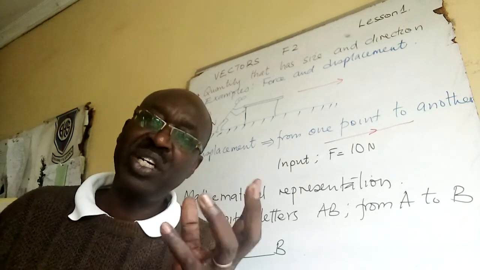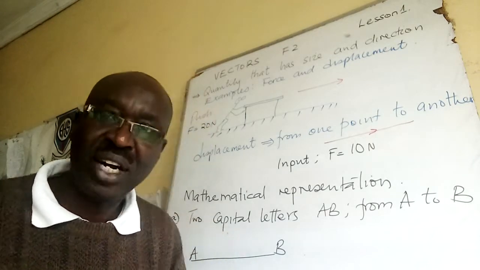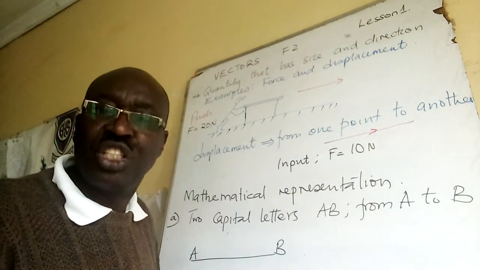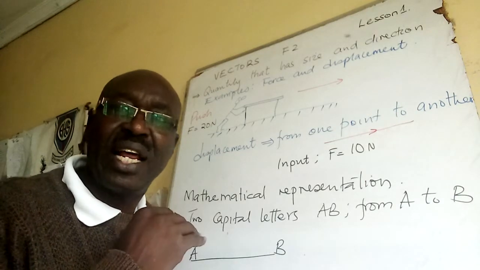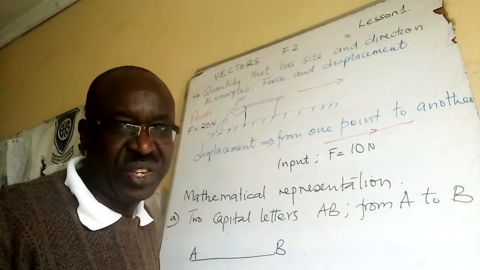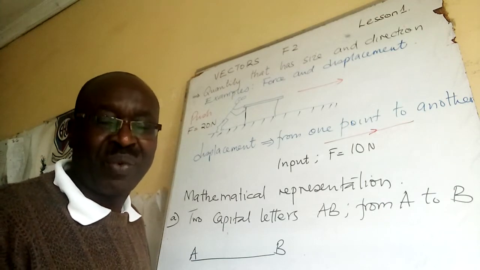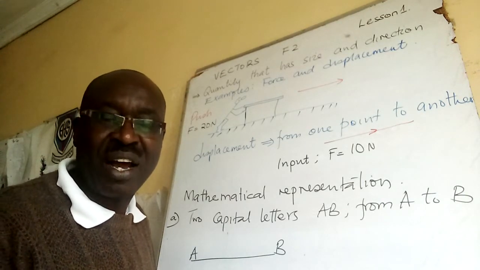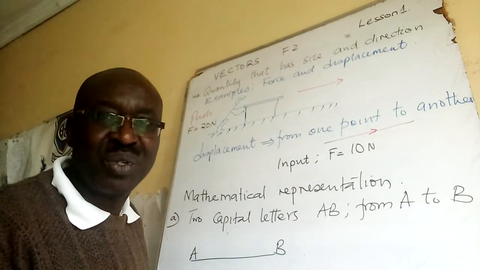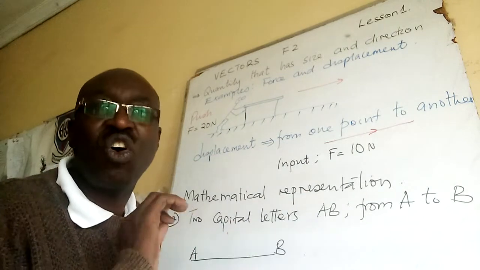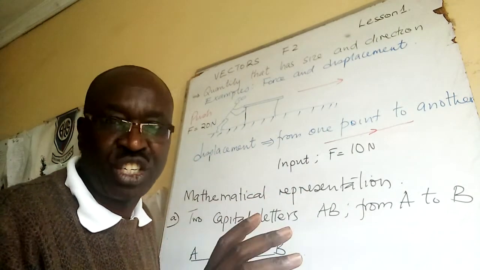Very big has no number, right? So you understand size, magnitude. Then direction can be given in numerous ways. We can have bearing, we can have an arrow, we have angles, we have compass: north, south, east. All those describe direction.